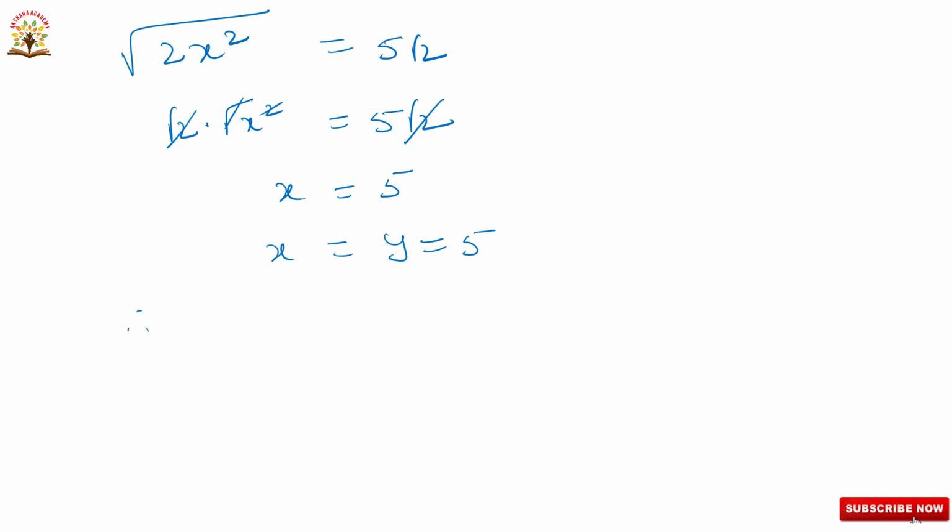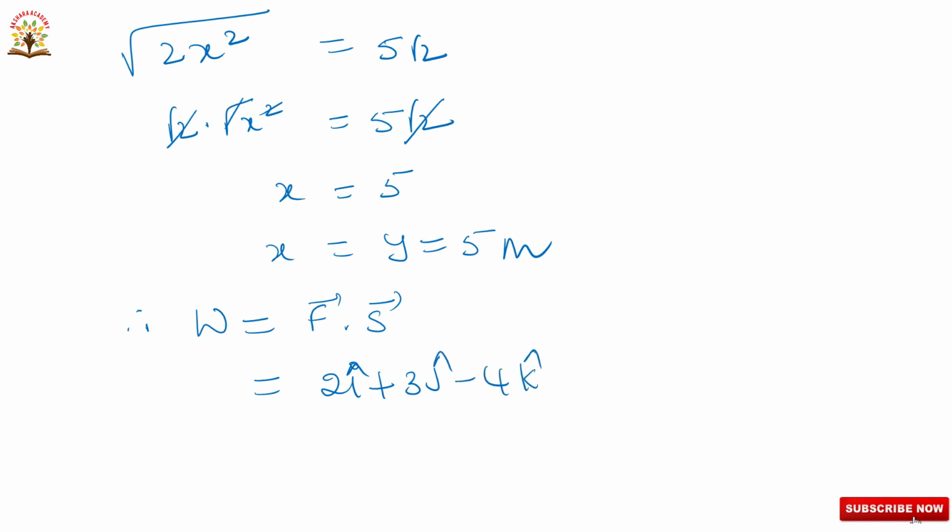So therefore work done W equals F bar dot S bar. That equals 2 i cap plus 3 j cap minus 4 k cap dot product with 5 i cap plus 5 j cap. i dot i, j dot j equals 1.